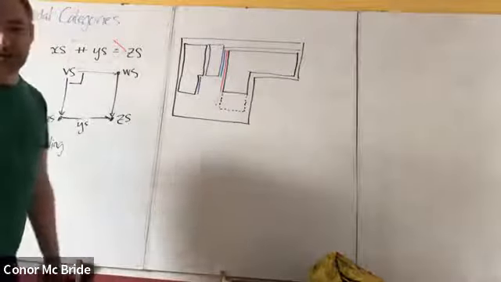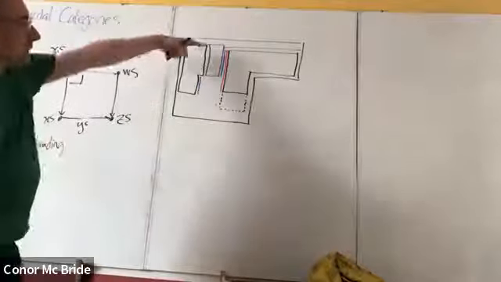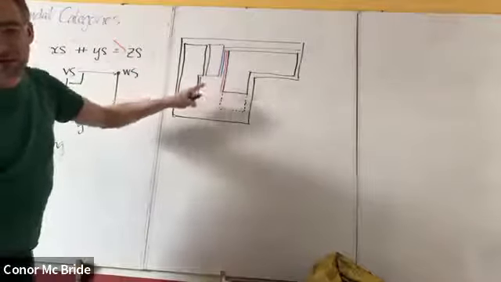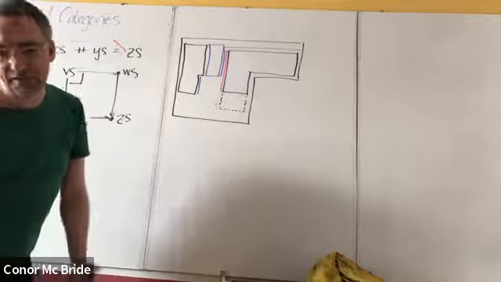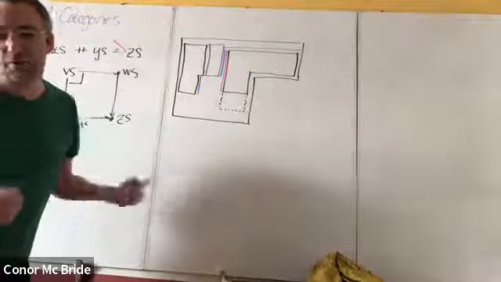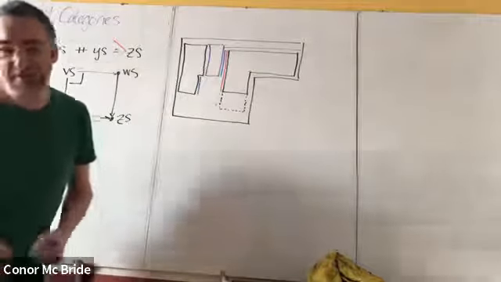I have to figure out, so we know that the blue stuff and the red stuff, either the blue stuff has the overlap or the red stuff has the overlap, right?